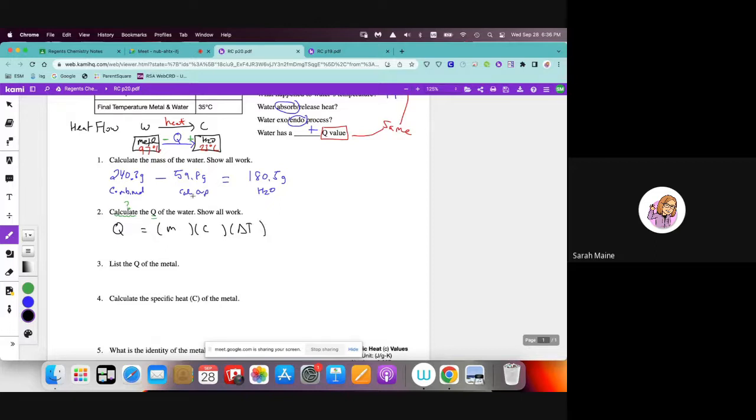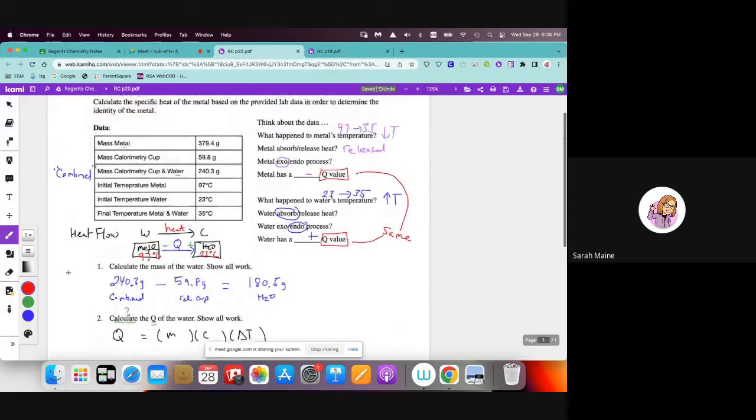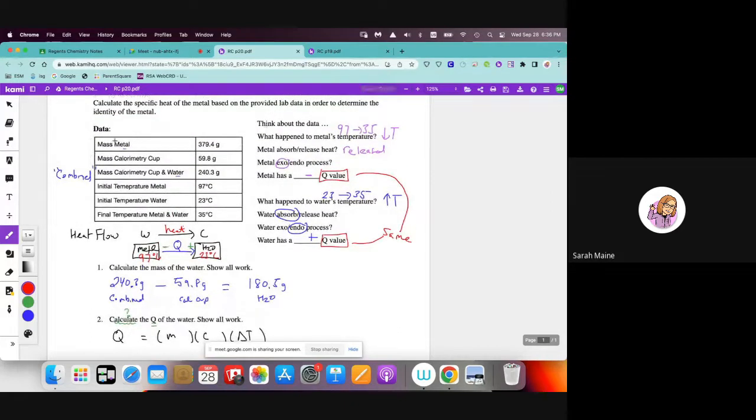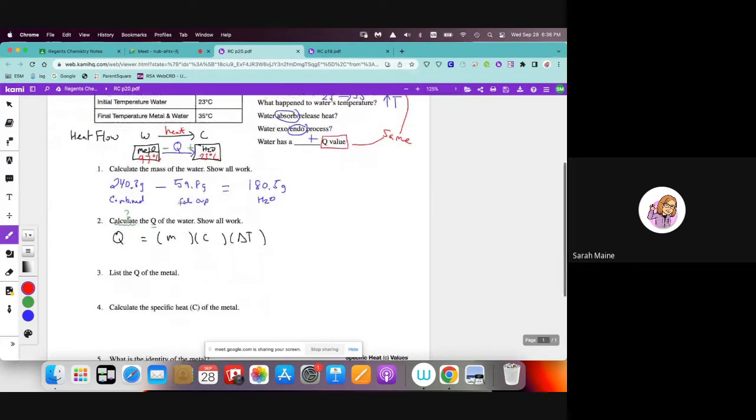Now, the one thing I want to point out is when you look at your data table, there is information about the metal, and then there is information about the water. In this particular problem, it's asking us to calculate the Q of the water. So when you replace the variable M with a mass, it is the mass of the water.